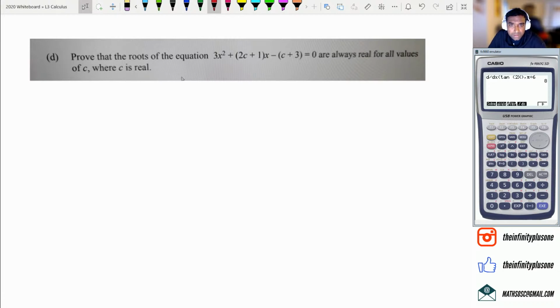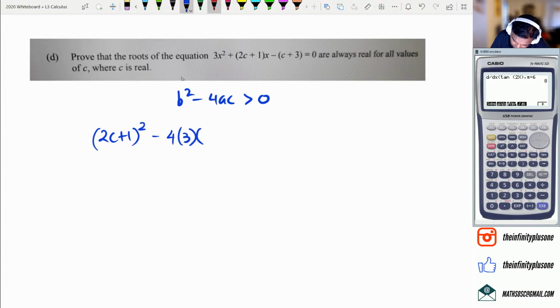Because you are saying that it's always going to be real, we put b squared minus 4ac is greater than 0. And so what we have here is 2c plus 1 squared minus 4 times 3 times negative c plus 3. And that has to be greater than 0.